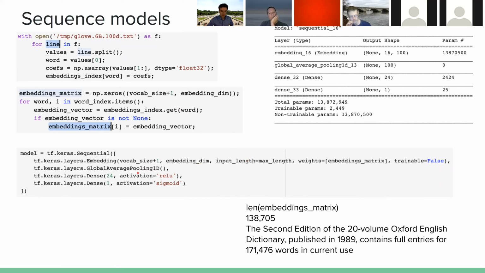And again, global pooling and dense. I just wanted to point out how many different tokens this embedding matrix had: about 138,000 rows. And the English dictionary has actually 171,000 words, so we're getting pretty close to the entire vocabulary there.